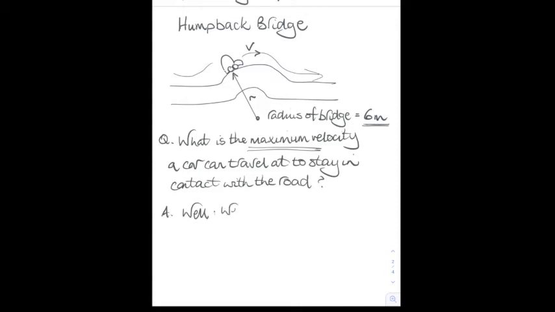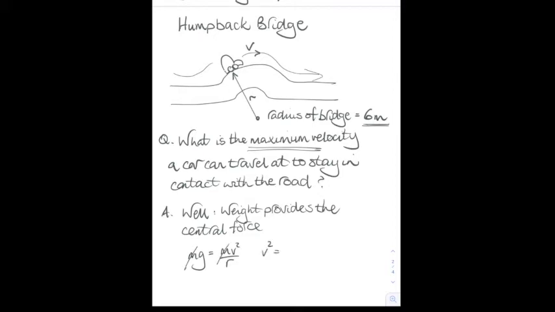Remember, the weight of the car is providing the force that keeps the car moving in that circular path. So it's the weight of the car that provides the central force. So mg equals mv squared over r. Again, cancel the m's, rearrange, we get v squared equals gr.